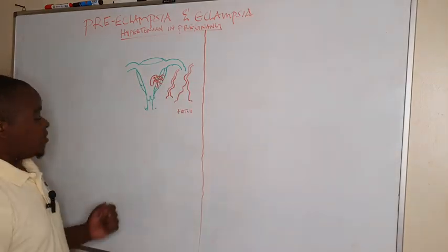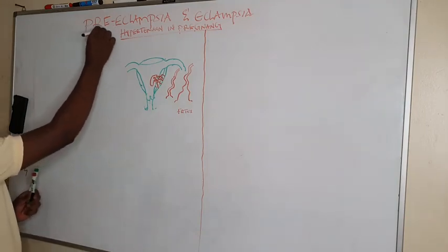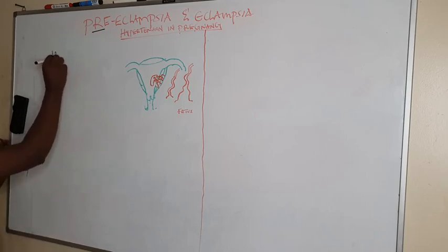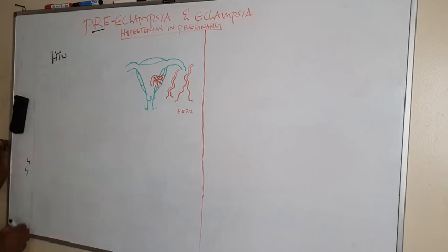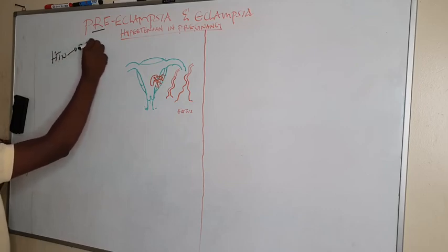So, preeclampsia is hypertension in pregnancy, whose onset is after 20 weeks of gestation.